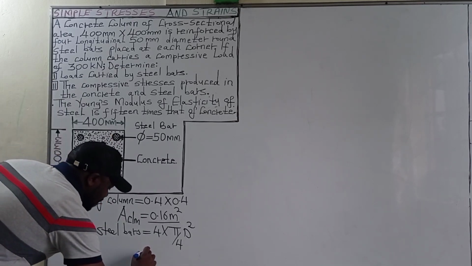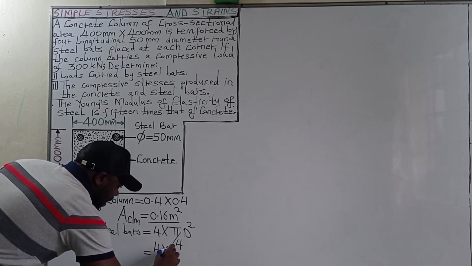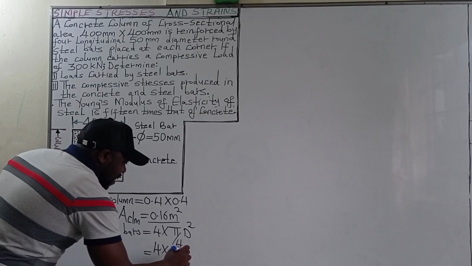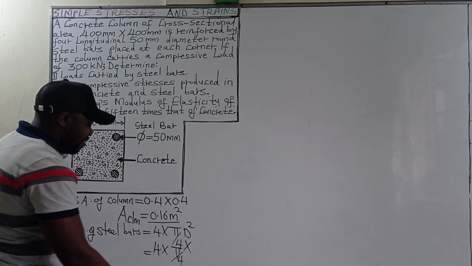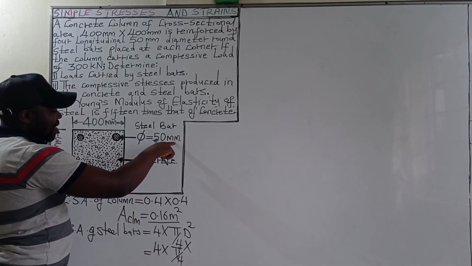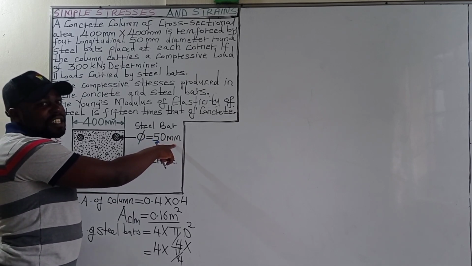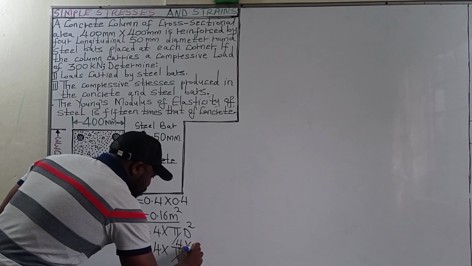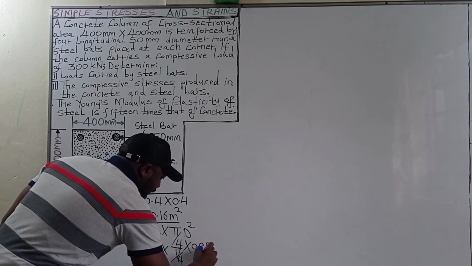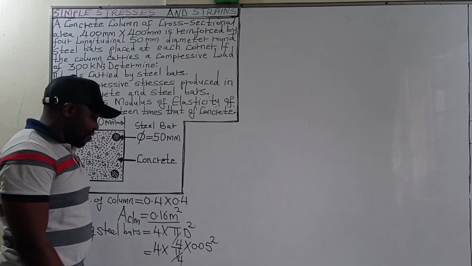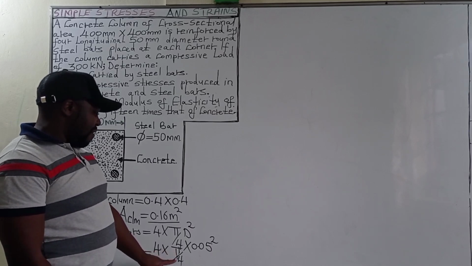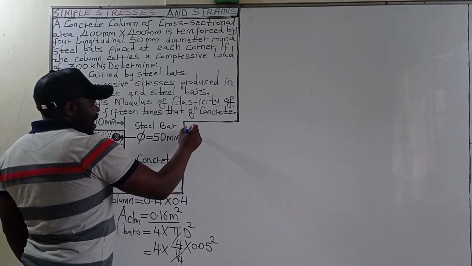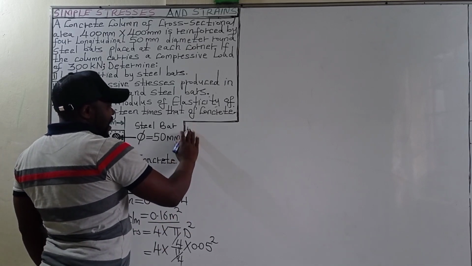So this is 4 times pi over 4 times the diameter of steel, which is 50 millimeters. We convert it to meters: 50 divided by 1,000 is 0.05 meters. So 4 times pi over 4 times 0.05 squared, and that is going to give us an area.